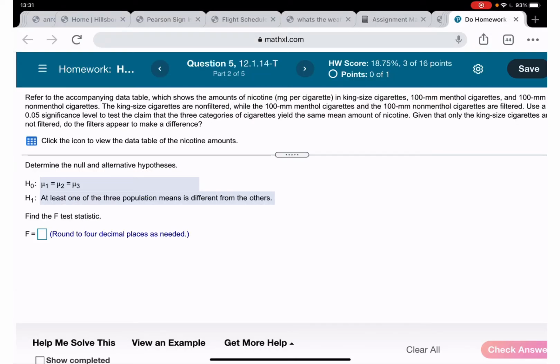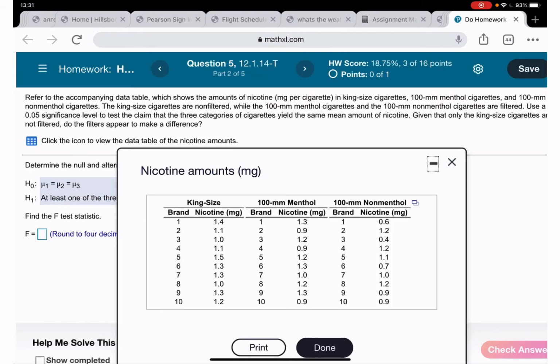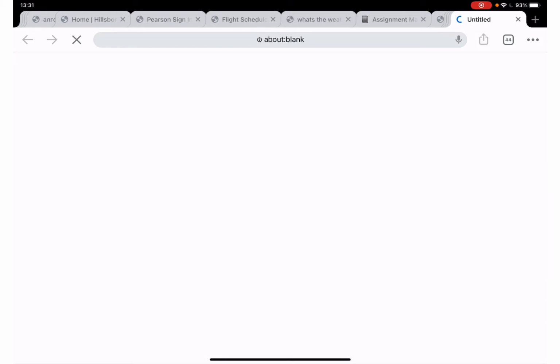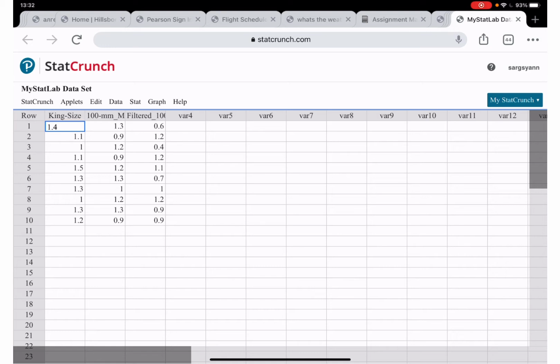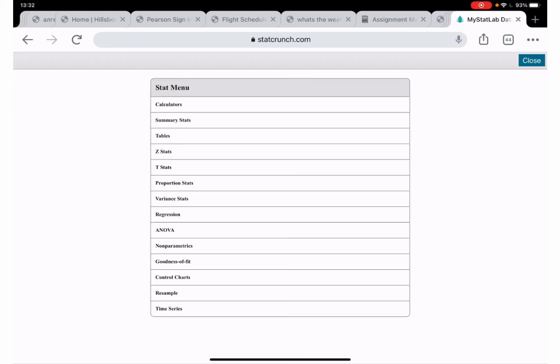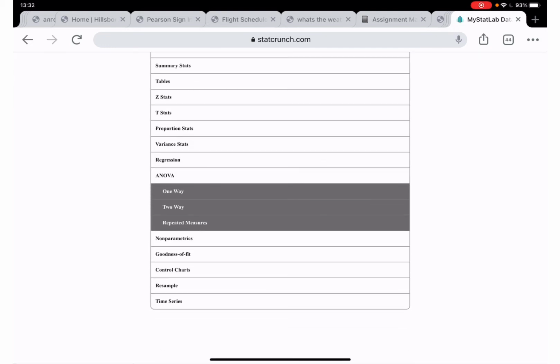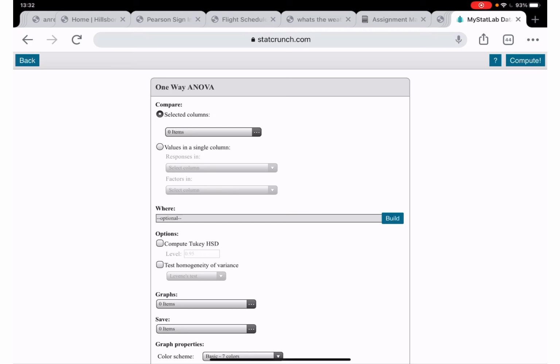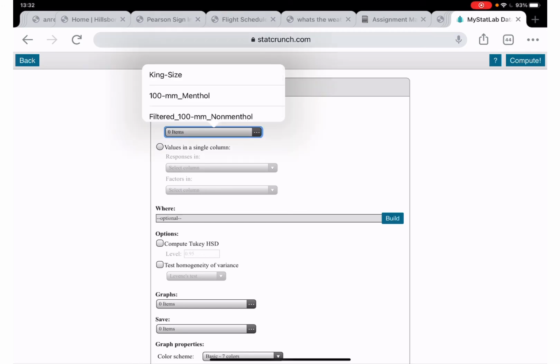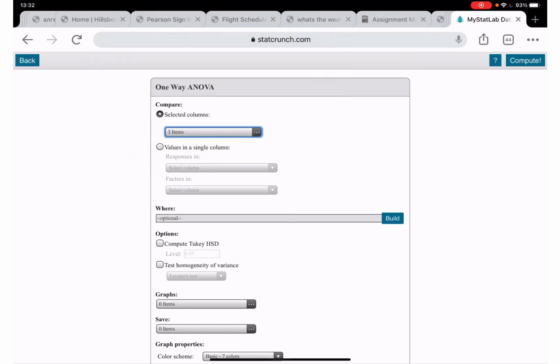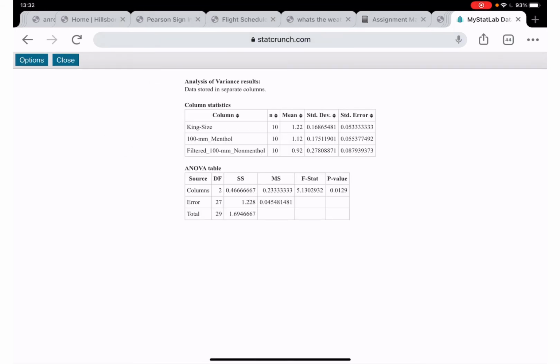Find the F statistic. Okay, so let's open StatCrunch and start. All right, where is our ANOVA? One way. We select all three. Compute. There we go.